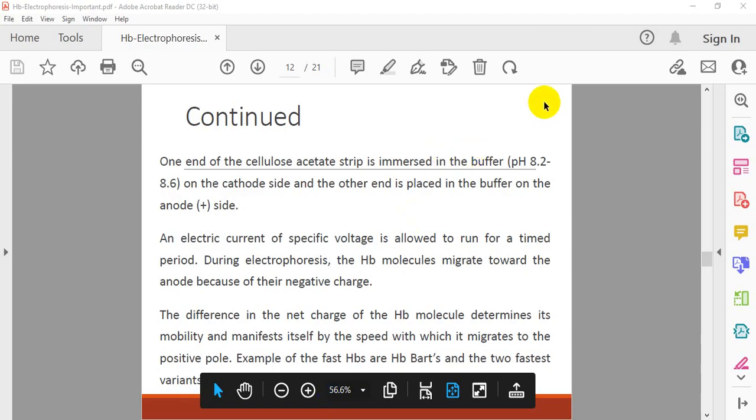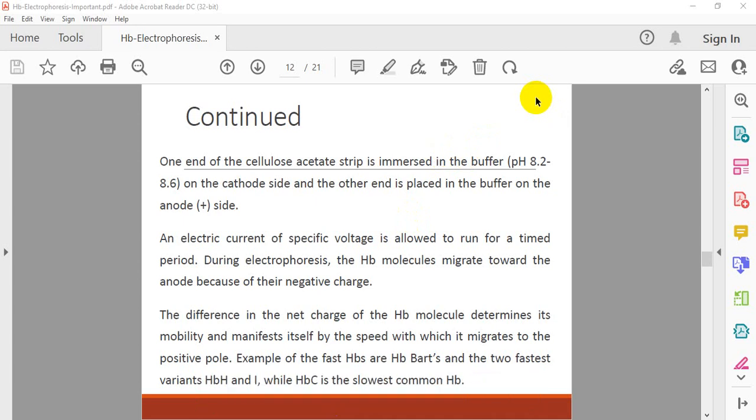As previously shown, one end of the cellulose acetate strip is immersed in the buffer at an alkaline pH on the cathode side, and the other end is placed in the buffer on the anode side. An electric current of specific voltage is allowed to run for a time period. During electrophoresis, the Hb molecules migrate toward the anode because of their negative charge.